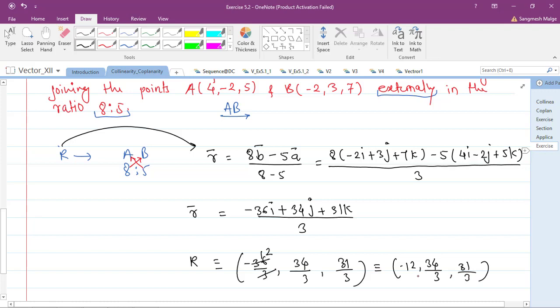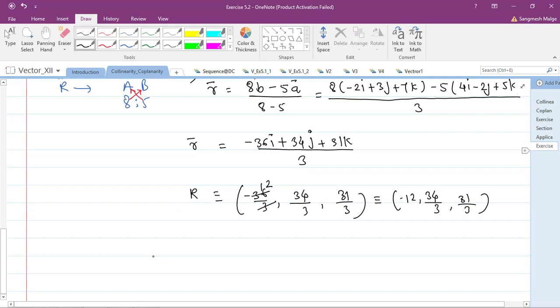So these are the coordinates of point R. It's very simple, very easy and very short. Once you are perfect in this section formula, no one can stop you. Let's see the next one.